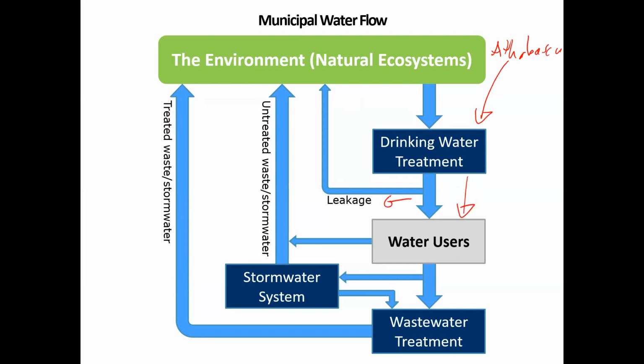Some of it is lost as leakage, and you can see that each of these categories, in theory, has a little bit of leakage going on. We use the water, and some of the water is sent to the wastewater treatment plant. Some of the water is stormwater wastage, some of which goes back to the wastewater plant, and some of it goes in ponds and whatnot.